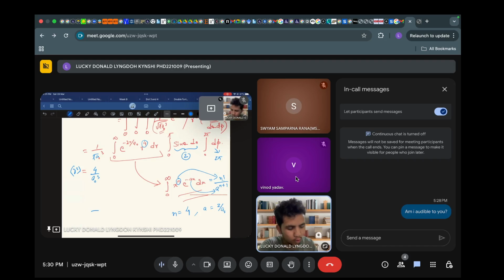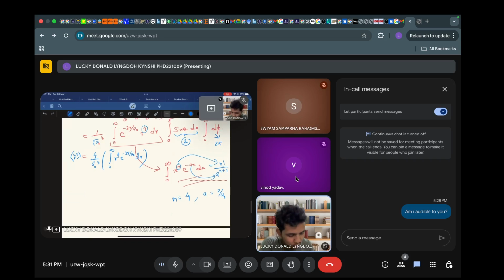The integration from 0 to 2 pi of d phi will give you 2 pi. So the whole integration will become 4 by a naught, and then the integration from 0 to infinity of r to the power 4 e to the power minus of 2r divided by a naught d of r. So the sin theta d theta term you already know, and the integration of d phi is the standard integration, which is equal to 2 pi.